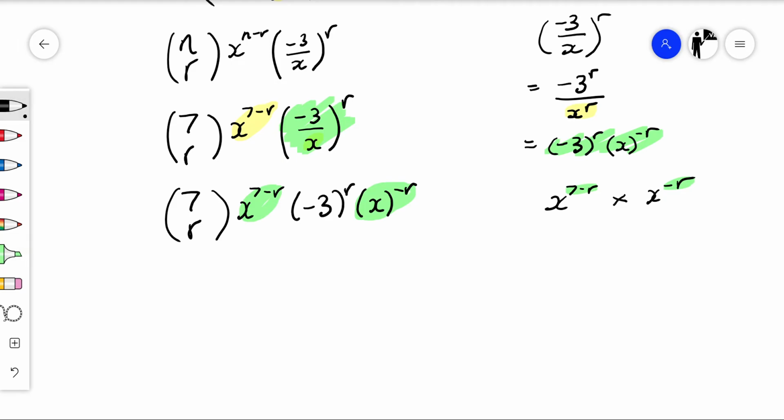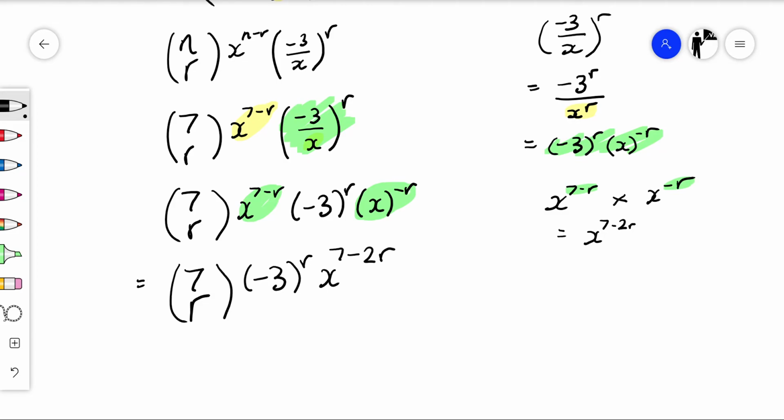So this would become x to the 7 minus 2r, because minus r plus minus r would be minus 2r. This would give us 7 choose r, minus 3 to the power r, x to the 7 minus 2r.